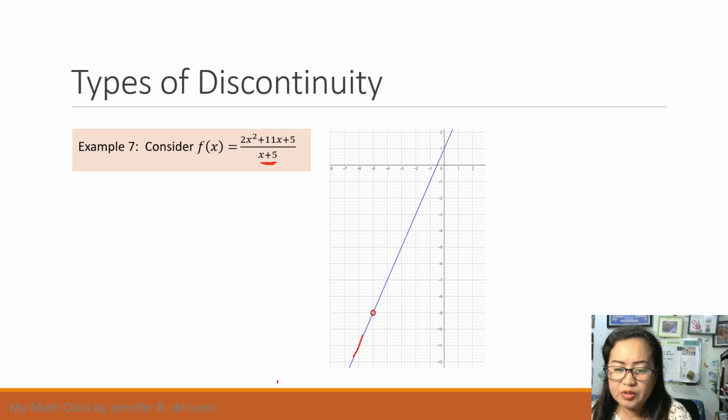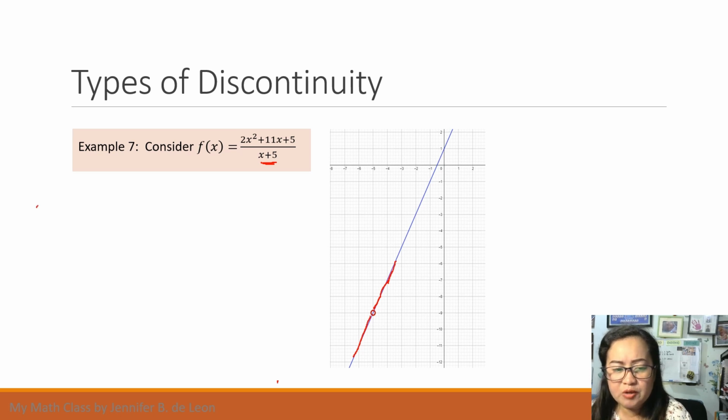Graphically, we can trace this completely. However, we need to be interrupted by a hole or an unshaded dot on this portion.